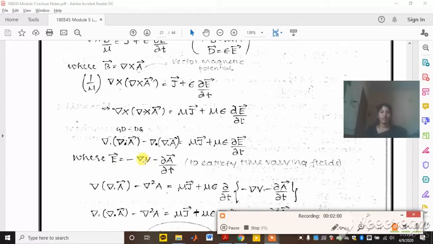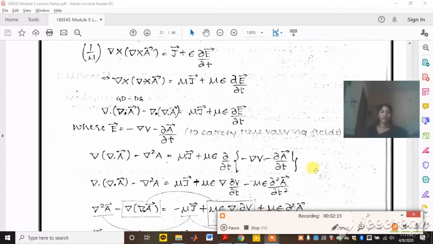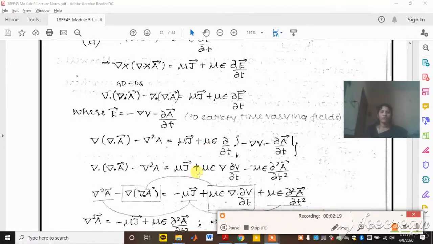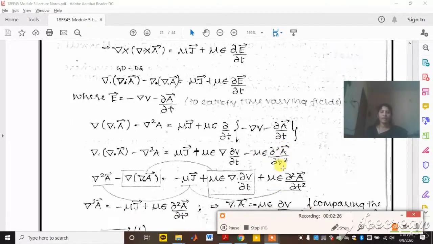Suppose it wants to satisfy your time varying field, the relationship between your electric scalar potential and the electric field intensity is E is equal to minus divergence V minus dou A divided by dou T. Substituting one over the other, you will get mu J plus mu epsilon divergence dou V divided by dou T minus mu epsilon dou square A divided by dou T square.